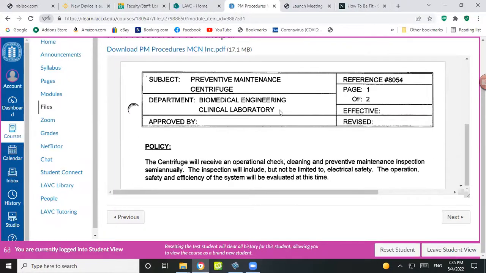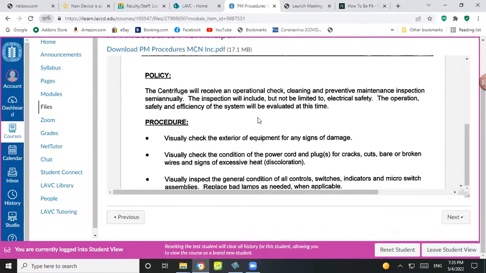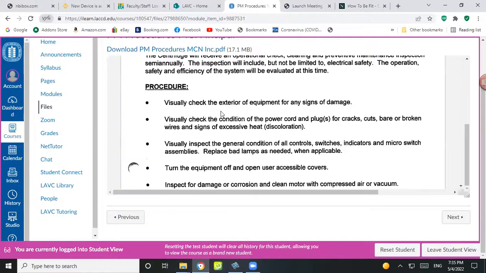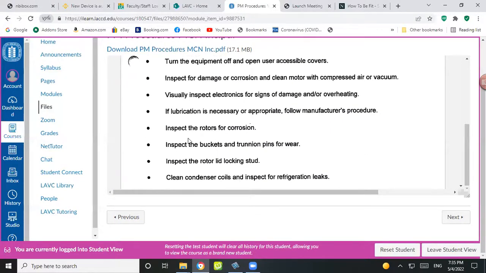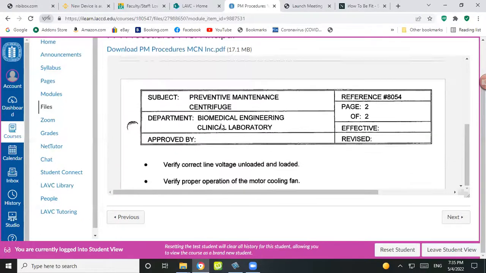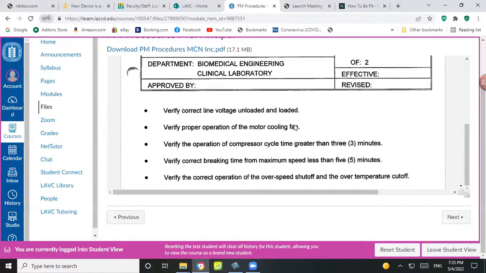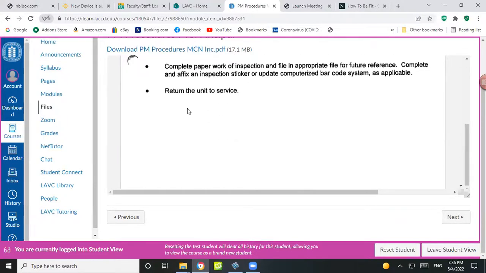This one doesn't cover a specific type of centrifuge, so they give the procedures for a general or generic type of centrifuge, some general ideas on how to do inspections on the centrifuge.